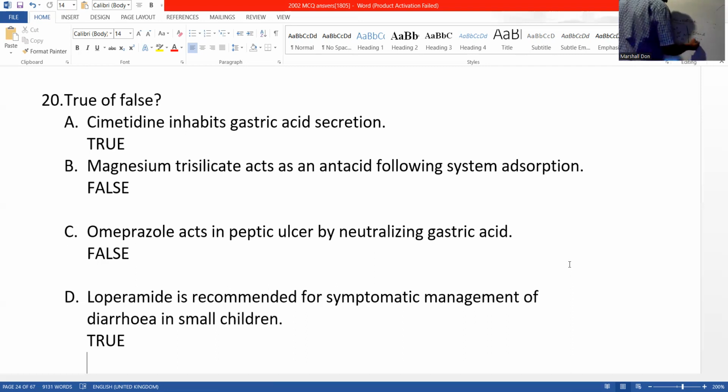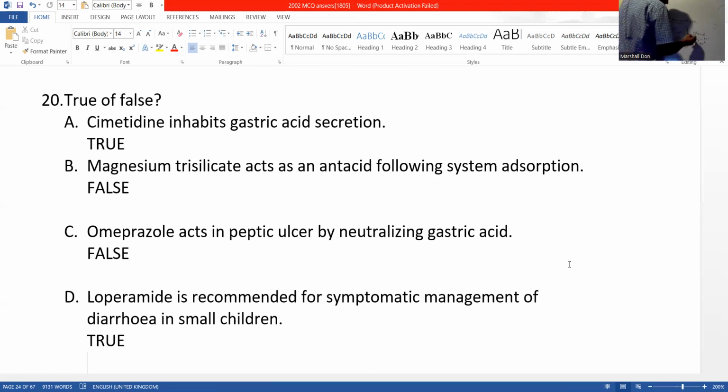But the stomach has a lot of H plus, much more than here. Here there is only a small amount, so you have to pump hydrogen ions.